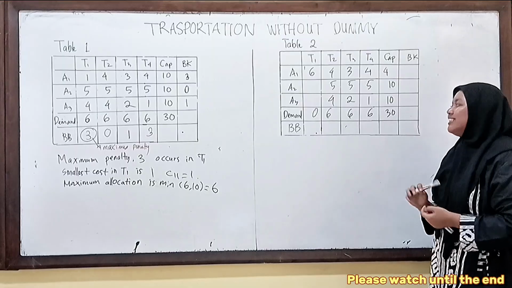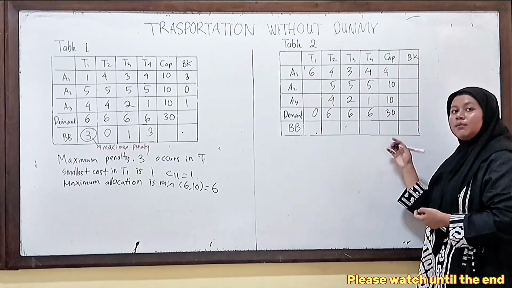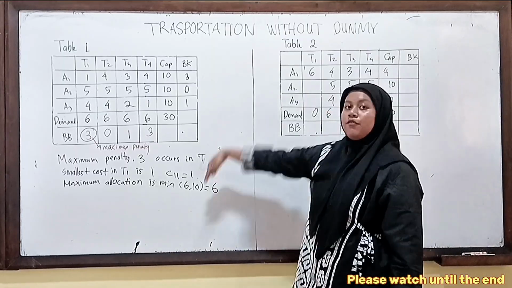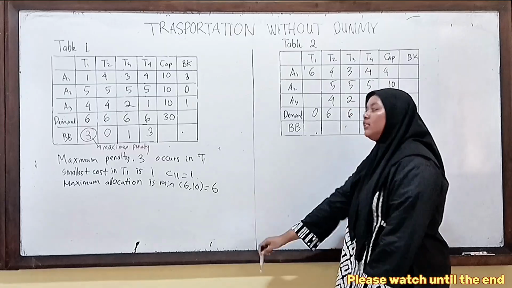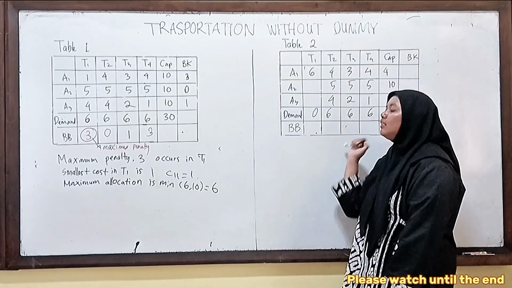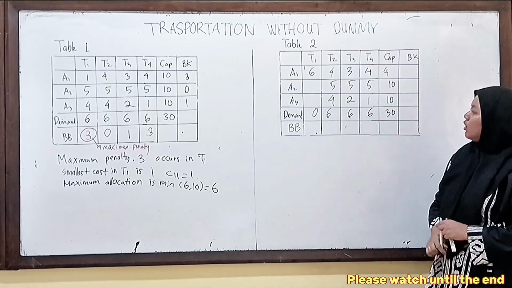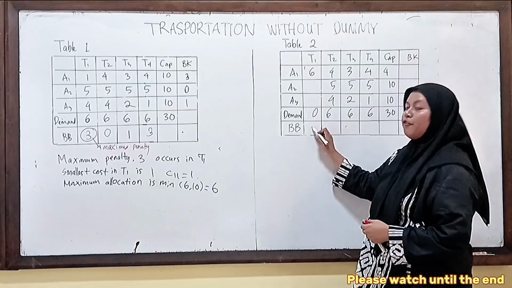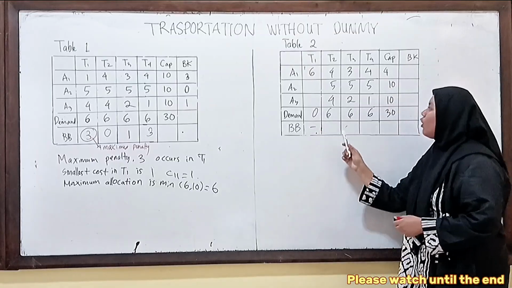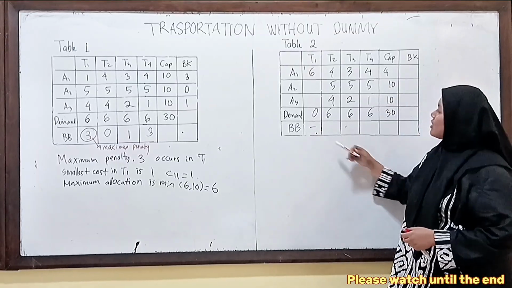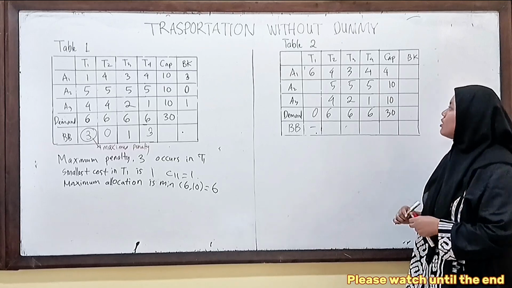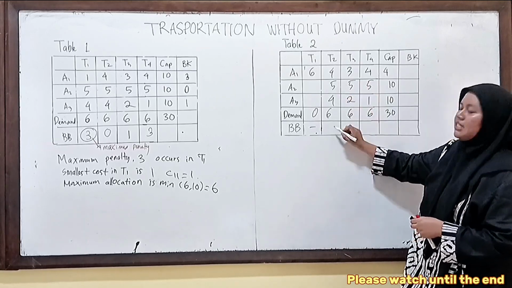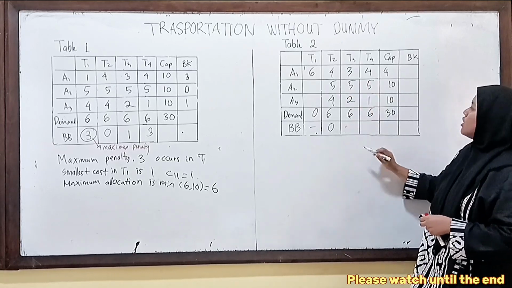So guys, for the next step, it is the same as before: we find the penalty in each column and each row. Here we don't have any. For column 2, the two smallest costs are 4, so the difference is 0.